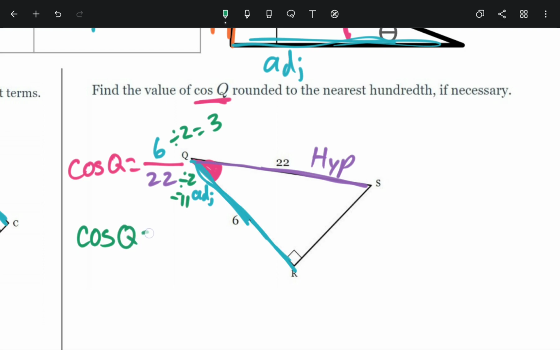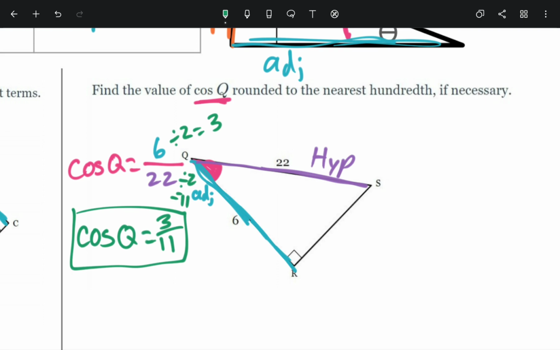So cosine of angle Q is equal to 3 over 11. And we are done. And that's all you have to do to find the ratios.